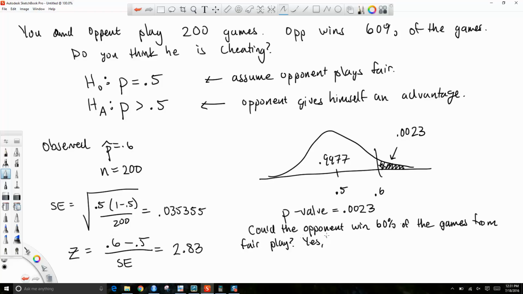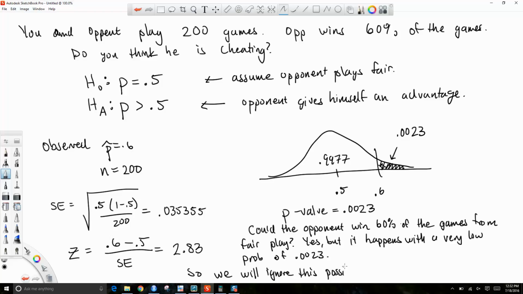Yes, but it happens with a very low probability of 0.0023. So we will kind of ignore this possibility and conclude he cheated.